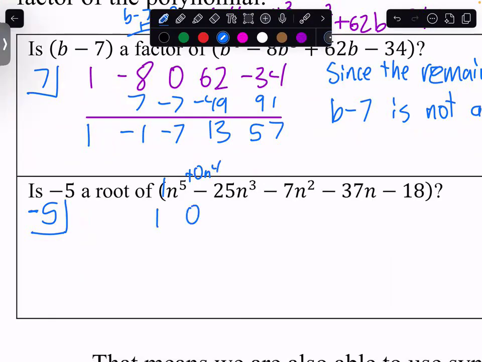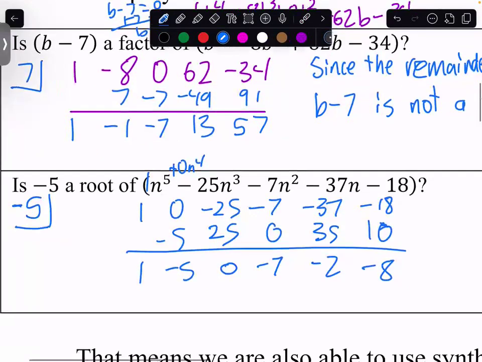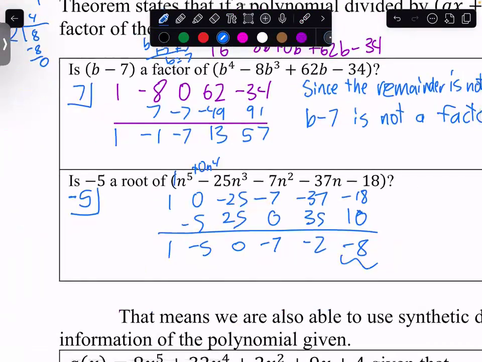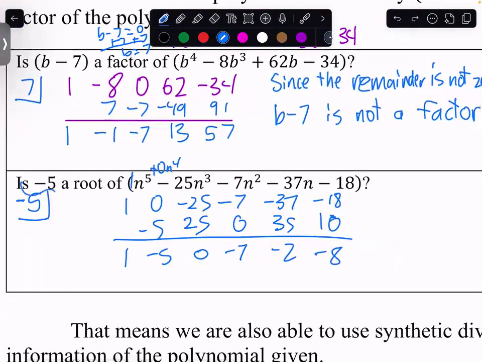Okay, so 1, 0, -25, -7, -37, -18. Okay, so the remainder is -8, which is not 0. Okay, so that means that -5 is not a root.